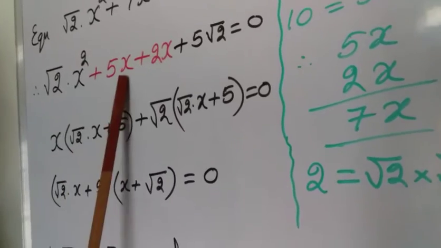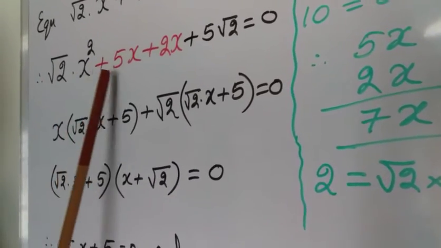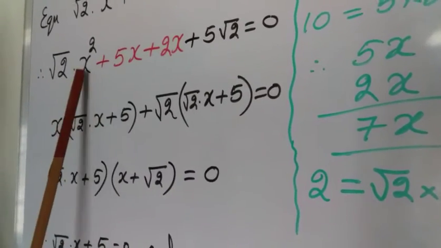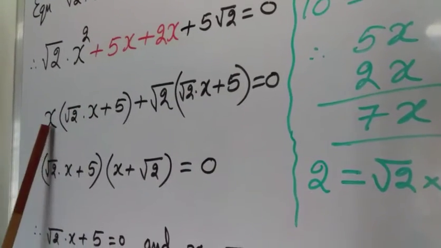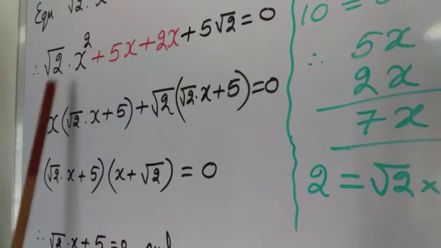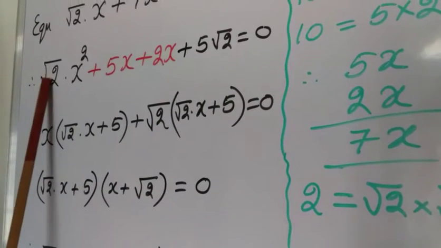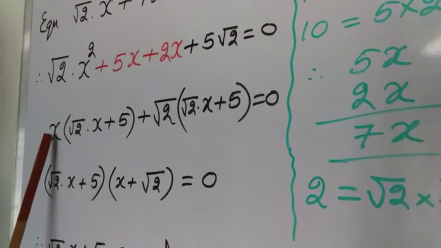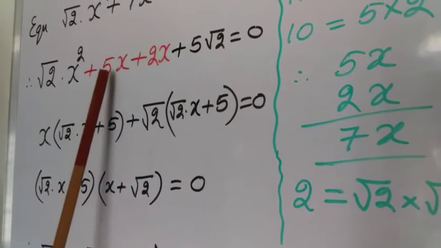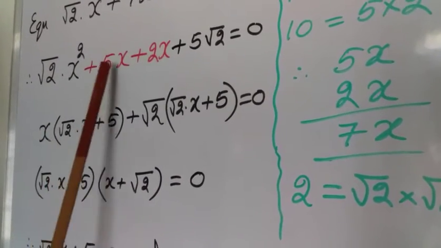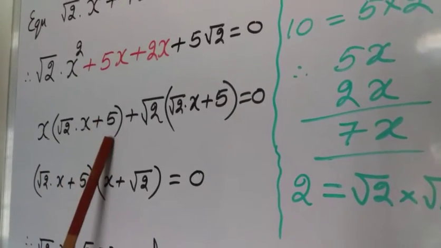Now from these two, there is no common number, but x is common. Therefore, take x as common, that means divide both the terms by x. Root 2 into x square divided by x: the quotient is root 2 into x. Divide this term by x: x cancels, that is 5.